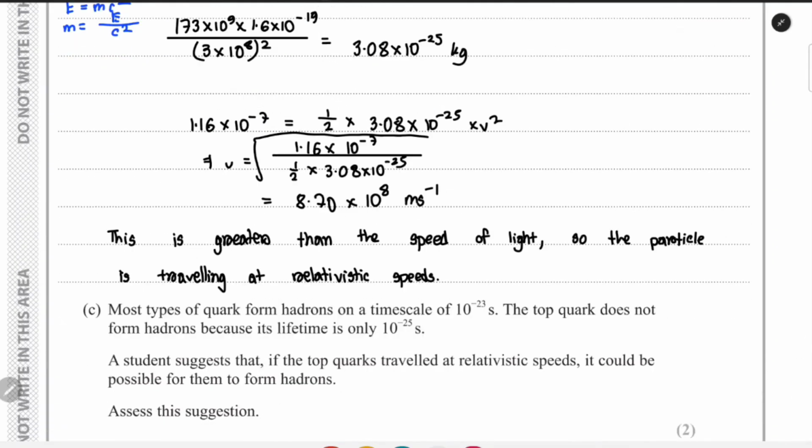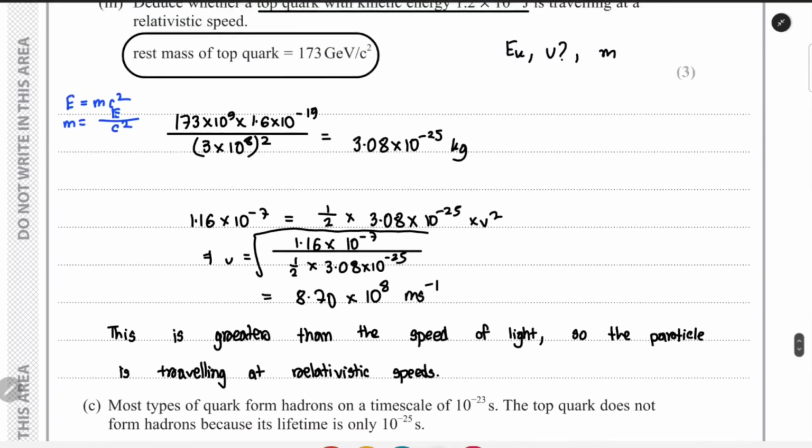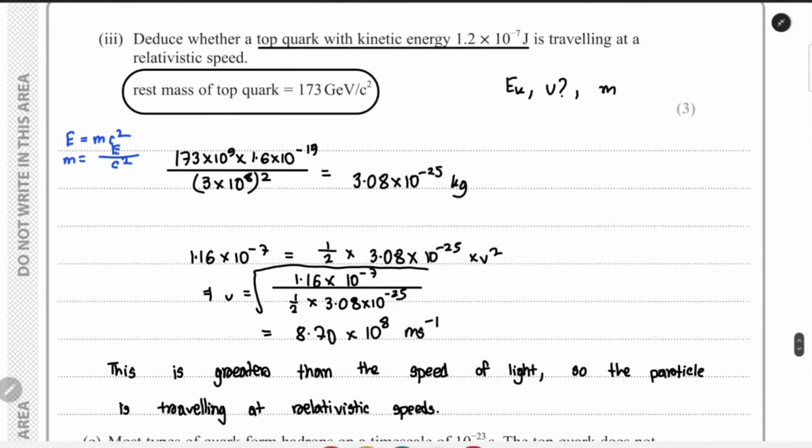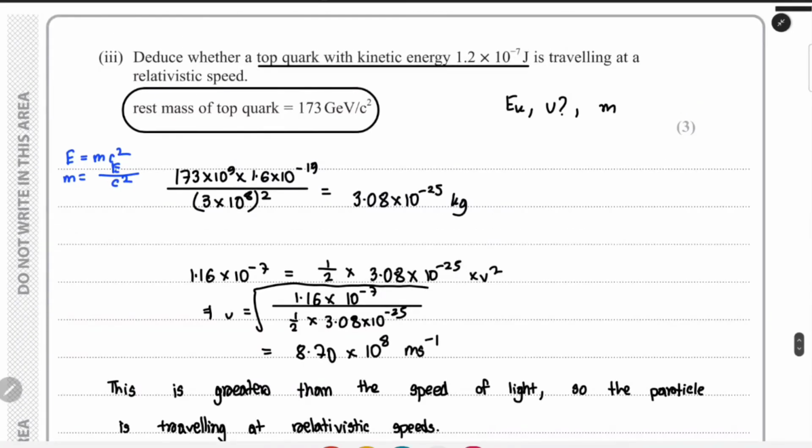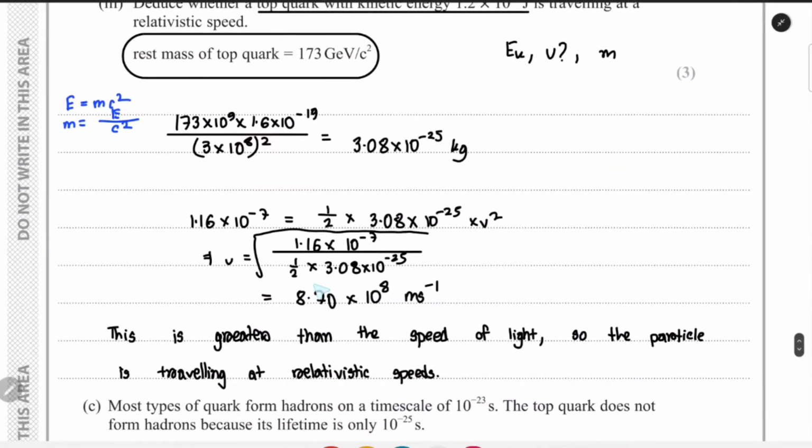For any questions where we have to show that a particle is traveling at relativistic speed, we have to show that its calculated velocity is close to the speed of light, and vice versa. If we have to show that it's moving at non-relativistic speeds, it will have low velocities, not close to the speed of light.